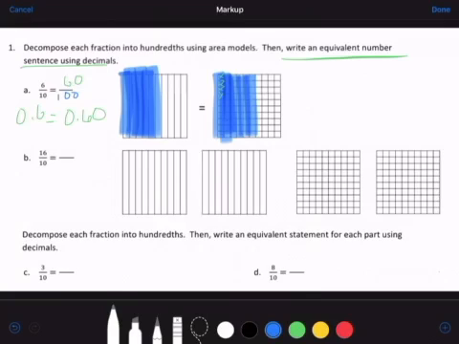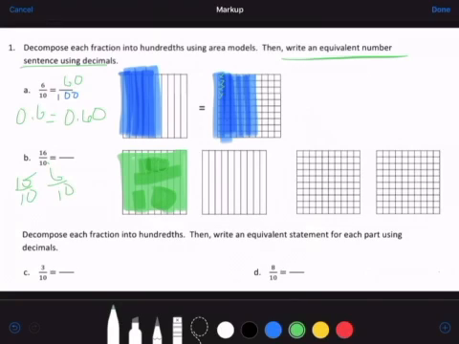So in B, I'm going to start by showing 16/10. Well, this right here would be 10/10, so I can shade in the whole thing because that would be 1, right? So how you might think of that is that this could be broken into 10/10 and 6/10.